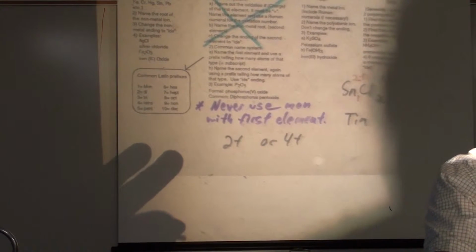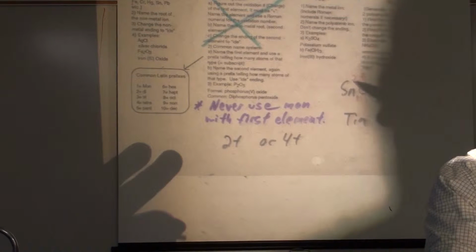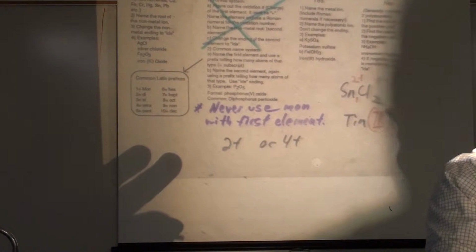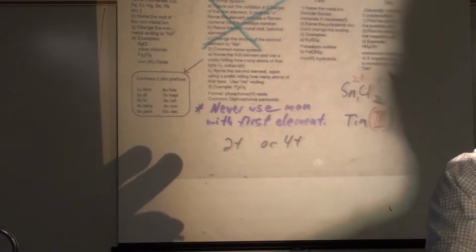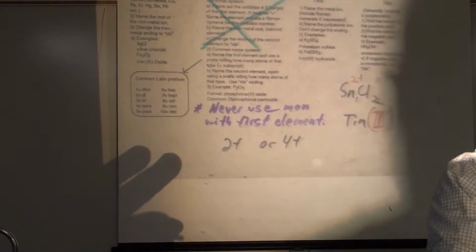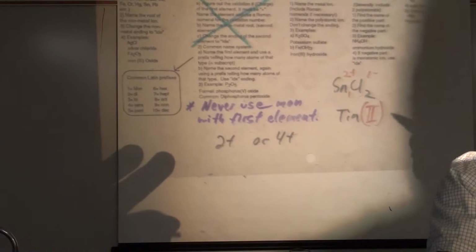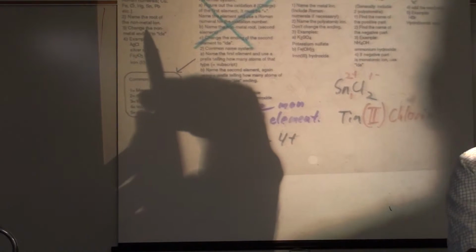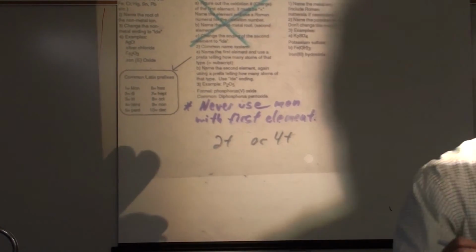The 1 goes back up there. So it's tin 2. So you just reverse the numbers. Tin 2, name the Cl. What's the name of Cl? Chlorine. Change the ending to IDE. So it becomes tin 2 chloride.